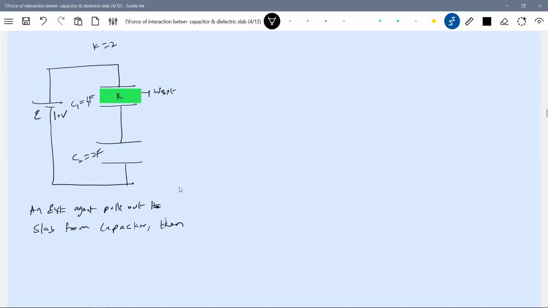Then find the heat generated in the circuit. We are again coming back to the same idea of heat generated. Before pulling out, we need data. Am I right? After the slab is brought out, then the data. We'll compare both, then we can analyze. Otherwise, it's not possible to say anything about the conditions in the circuit.